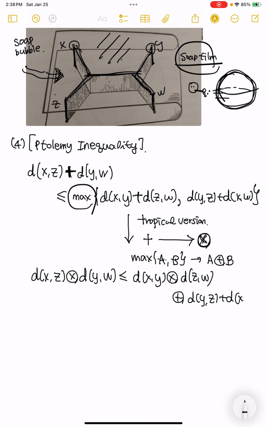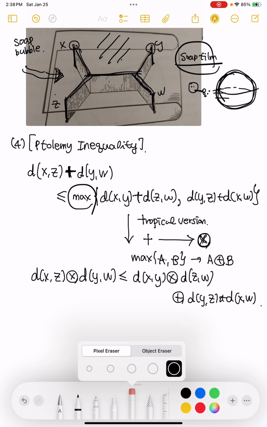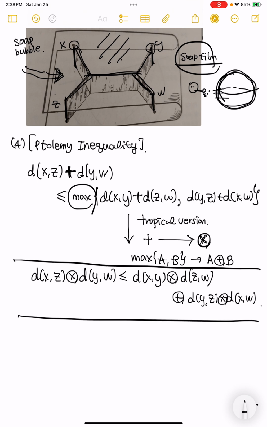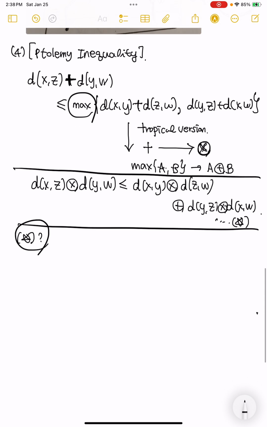Okay, we can change the equation into a tropical version. Then a question: if I set the star, what is the star? That describes the so-called Ptolemy inequality.